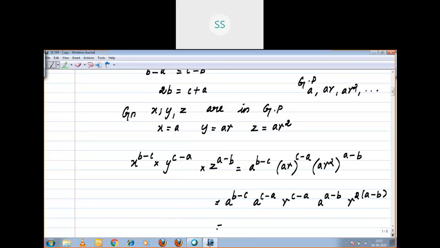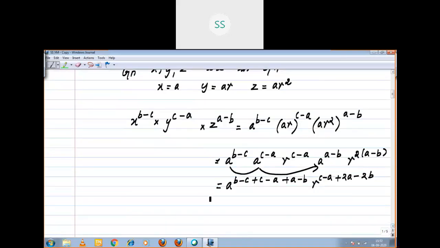Now the law of exponents you are going to apply. A power X into A power Y into A power Z means A power X plus Y plus Z, that is B minus C plus C minus A plus A minus B. Now, R power C minus A plus 2A minus 2B.